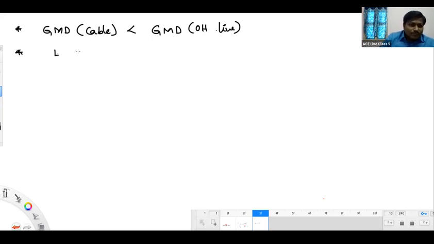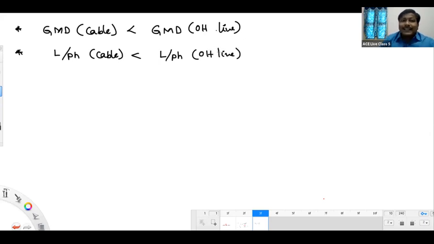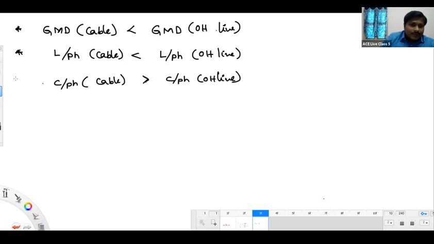Good, very good. L per phase of the cable will be less compared to L per phase of the overhead line. And capacitance per phase will be greater. C per phase of the cable will be greater compared to C per phase of the overhead line.